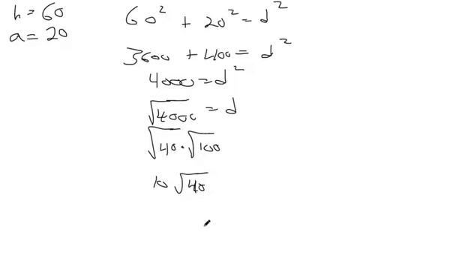I can pull out another perfect square, because 4 times 10 makes 40, and I pulled out a 4 because I also know that that's 2. So 10 times 2 makes 20. So if you had trouble with that, you'll want to go back and review, like do a YouTube search for simplifying radicals. Okay. So I just found out what d is. It's 20 square root of 10.